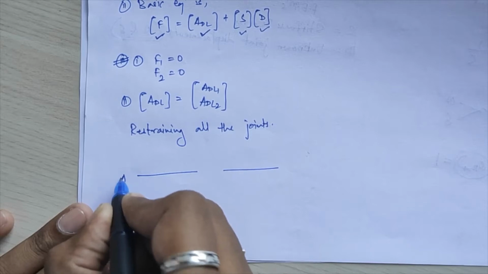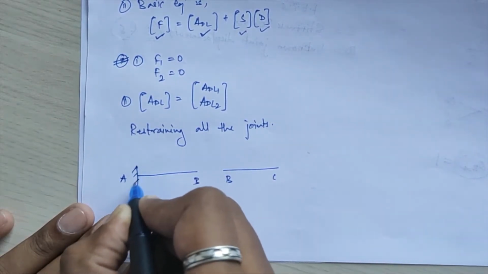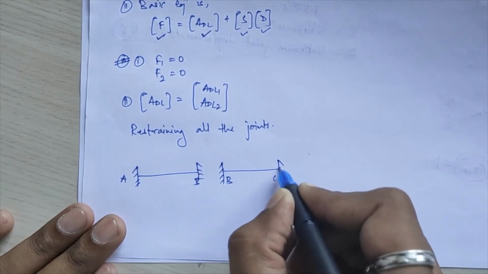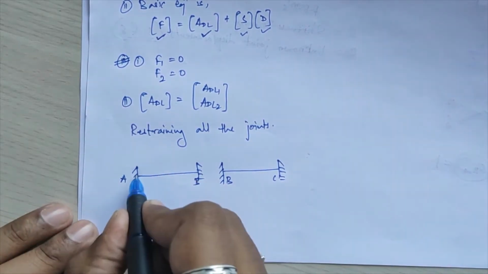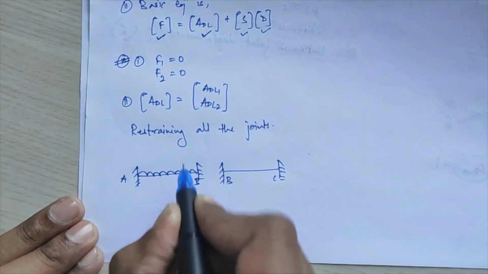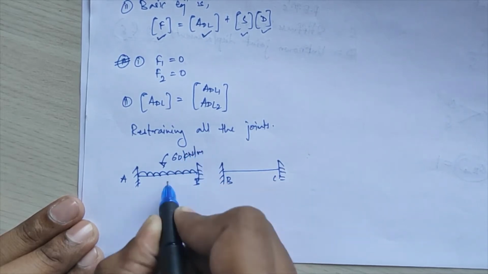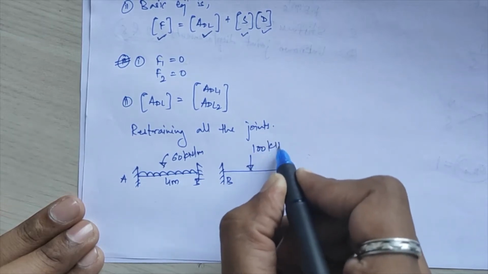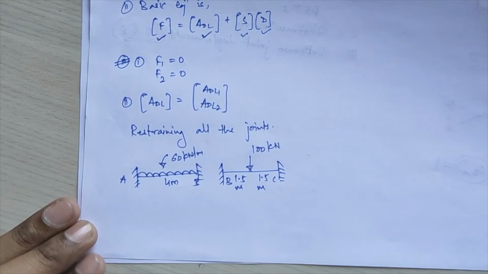I am having my first member as AB and second member as BC, and I will restrain all the joints here. Whatever loading is given to you, I will show here. Here I am having a UDL of 60 kilonewton per meter over 4 meters, and here I am having a point load of 100 kilonewton, 1.5 and 1.5 meter apart.